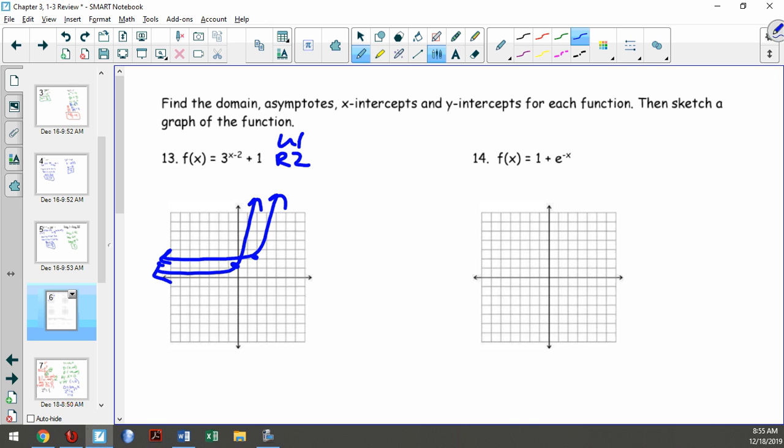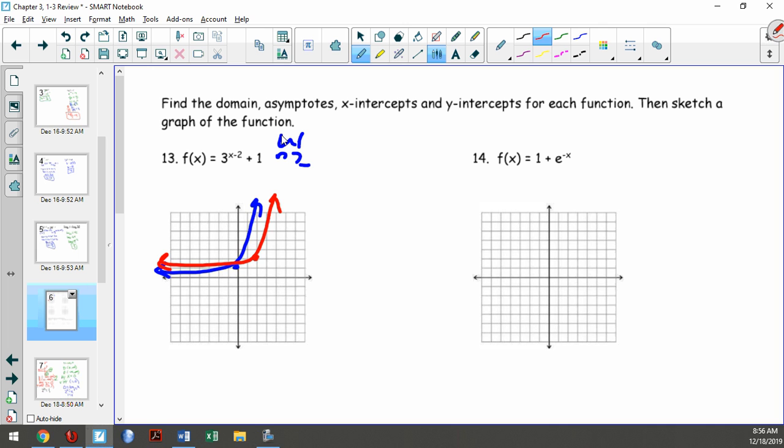Do we see that? Yes or no? And actually, that is a little bit off, so I should probably draw that a little more accurately. The red graph is what we're actually graphing there, okay?